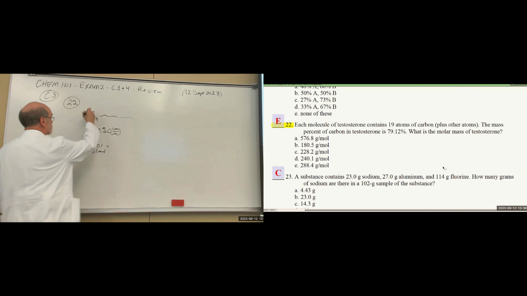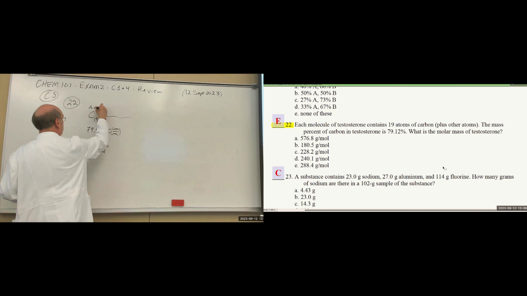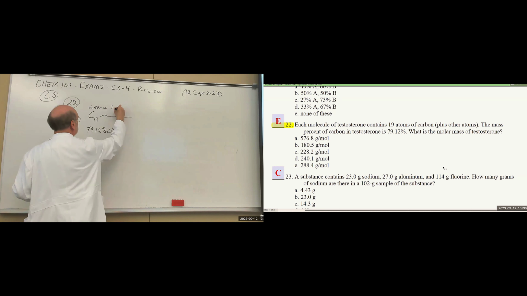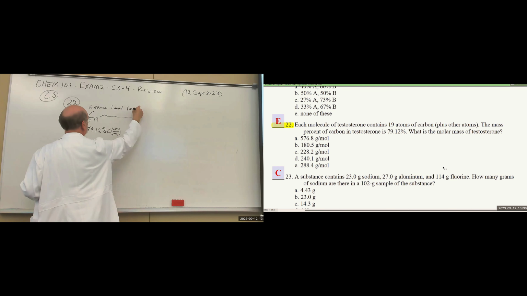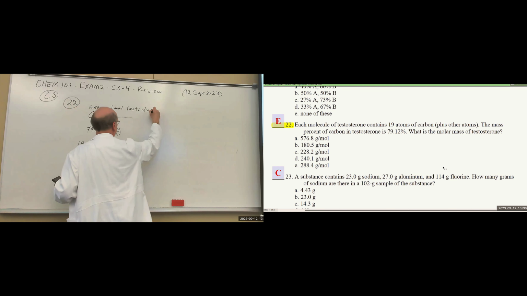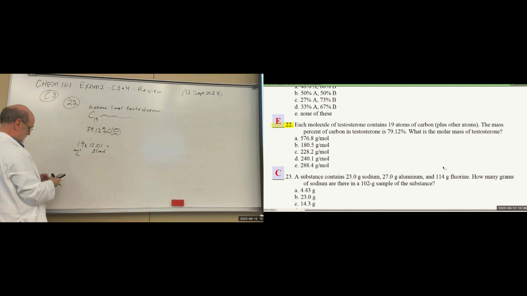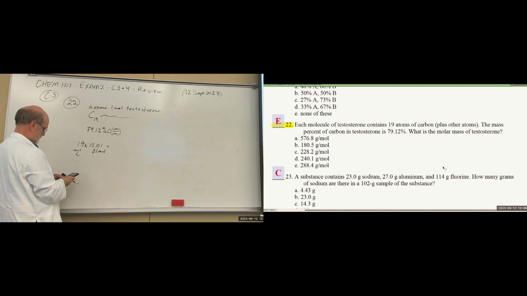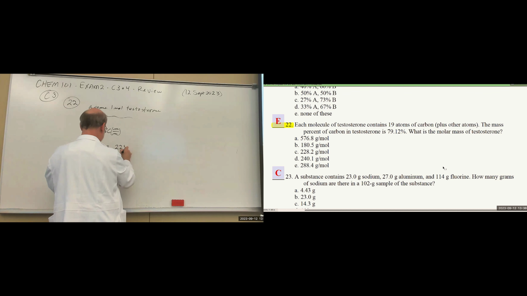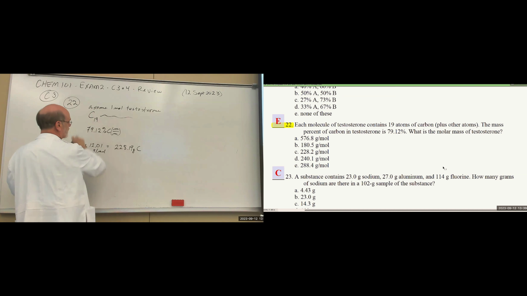Okay. So if we assume 1 mole of testosterone, then we have 19 times 12.01 grams of carbon. Let's see, 19 enter 12.01 is 228.19 grams of carbon in 1 mole of testosterone.